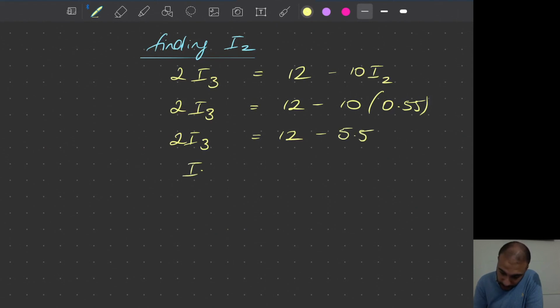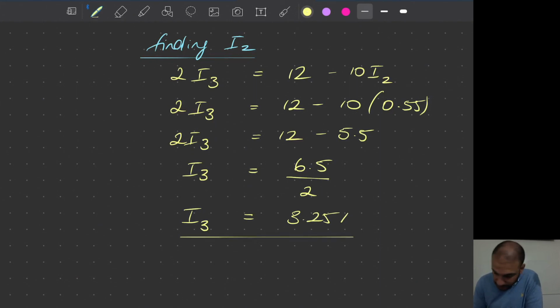So i3 is 12 minus 5.5, that is 6.5, divided by 2, that's 3.25. That's your i3, and that's in amps, and that's our answer as well.